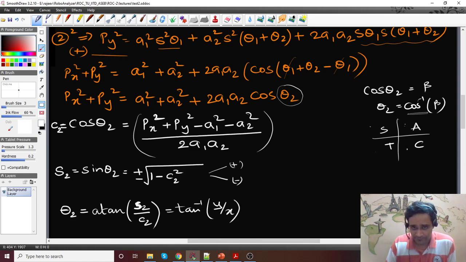We can, but we will not. Why? Again, this is related to the ASTC rule. If I have tan inverse of negative upon negative, it will become tan inverse of positive, because negative on negative becomes positive. So we will not know which quadrant.